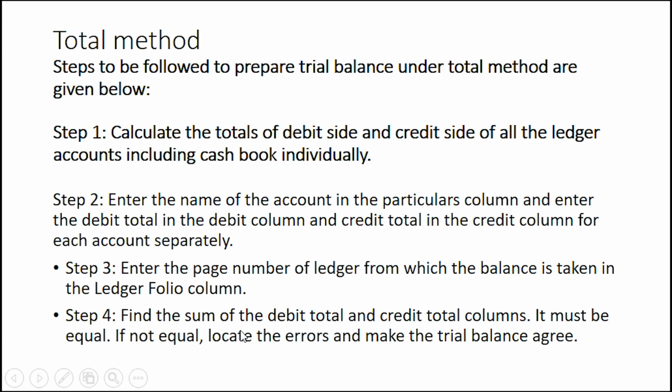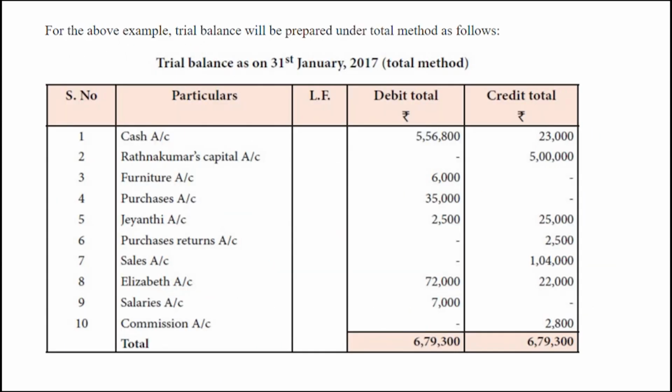Enter the page number, find out the sum, and find out both the column totals. If they are not tallying, this means some problem is there. So trial balance must always agree. So this is how a trial balance under total method looks like. Every account has debit total and credit total.